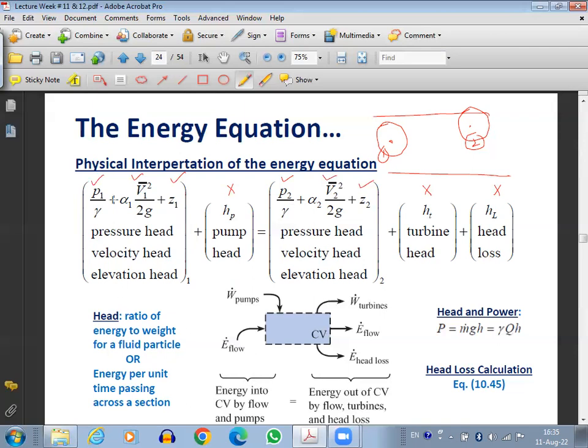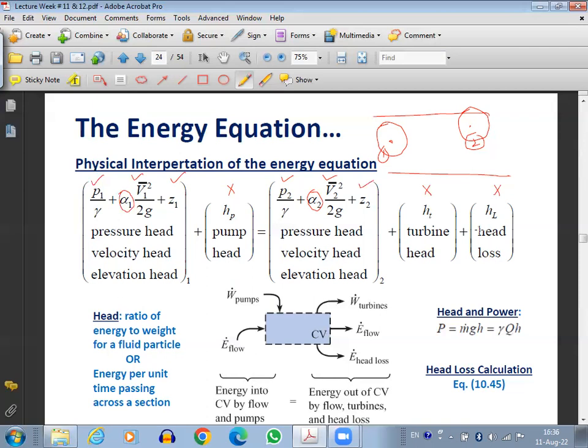We were also not discussing a kinetic energy correction factor, because viscous effects were not there, so we assumed all layers move at the same velocity, and the correction factor was not needed. So if you put alpha 1 and alpha 2 as 1, and remove HP, HT, and HL, this becomes the Bernoulli's equation.